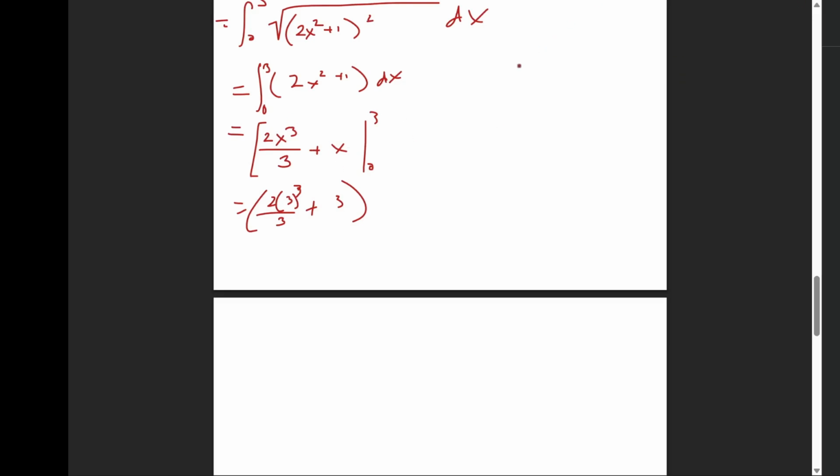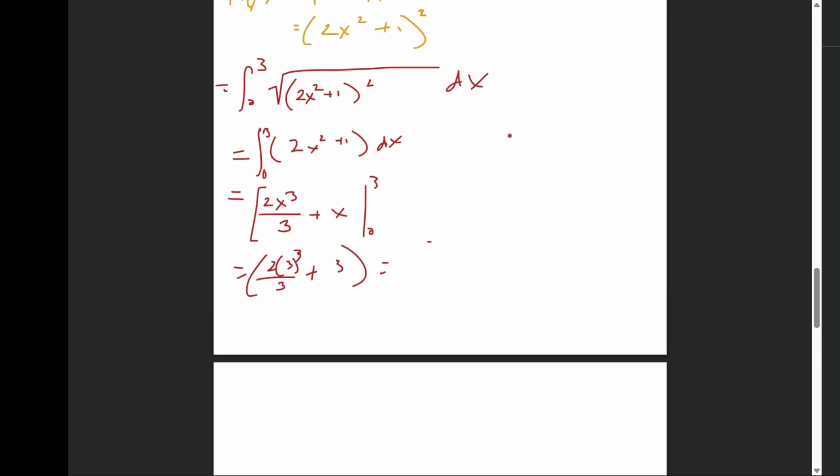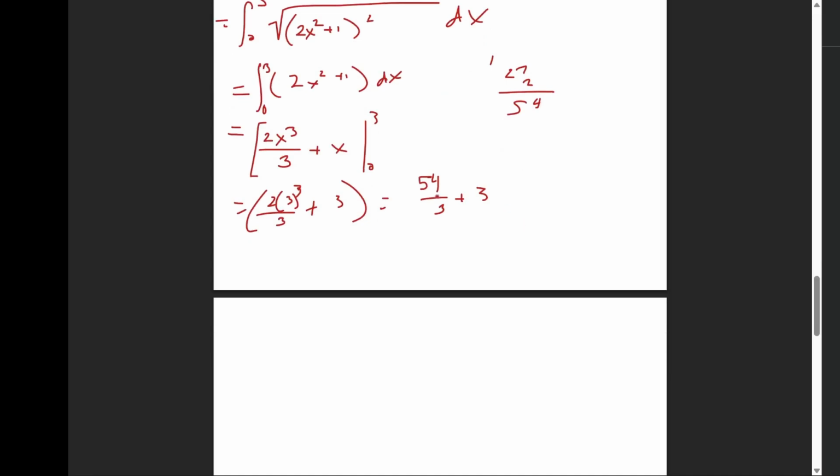So just ignore this part. That's a 3, by the way. So then 3 times 2 times 8 times 2. So that's 2 times 27. So it's 54. So 54 over 3 plus 3, right? Plus 3. Well, let's see. 54 is divisible by 3, right? So then that's 18 plus 3, which is going to equal 21, and this is our answer.